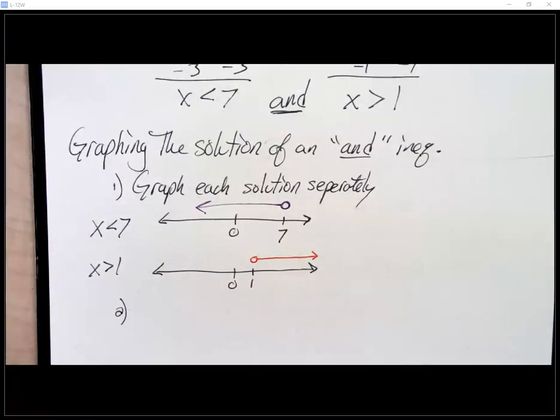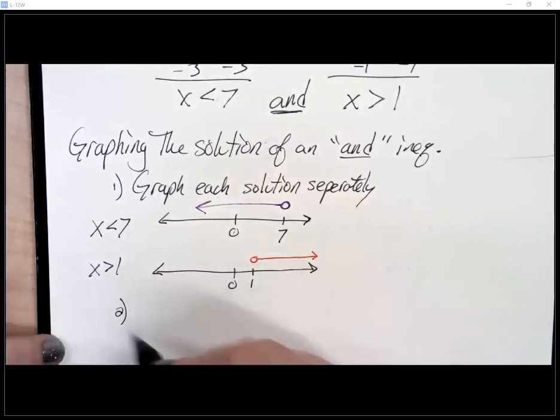So far, so good. I just graphed each one separately. Now I need to consider where these two graphs, if I were to overlap them, where do they actually overlap, or where do those two answers intersect each other? And that's going to be my final answer for an and inequality.